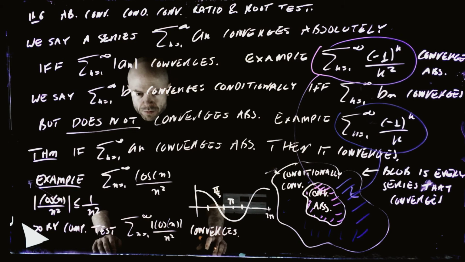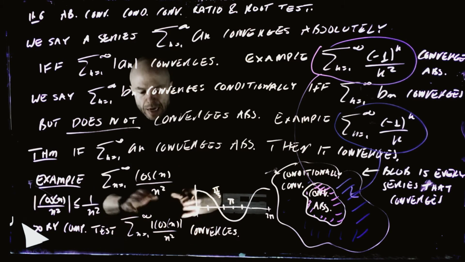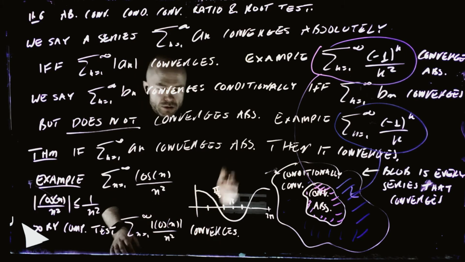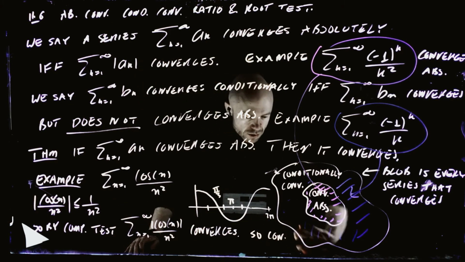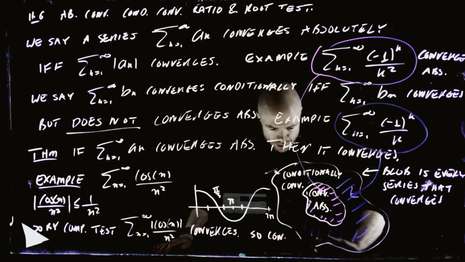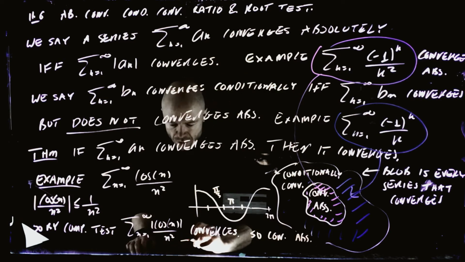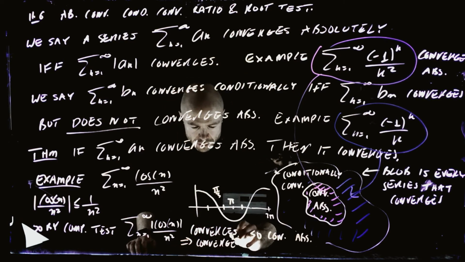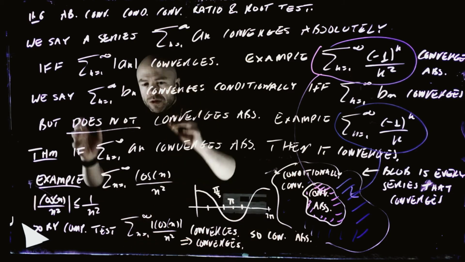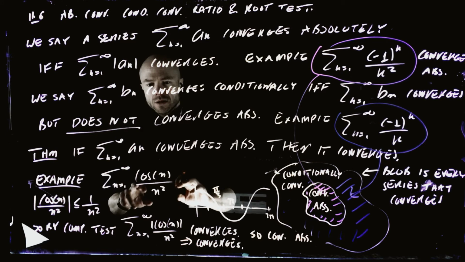And therefore, this series converges absolutely. That's exactly the statement, that this series converges absolutely, which implies it converges. So therefore the series converges. So if you remember this principle, absolute convergence implies convergence, then you can handle series like this rather easily.